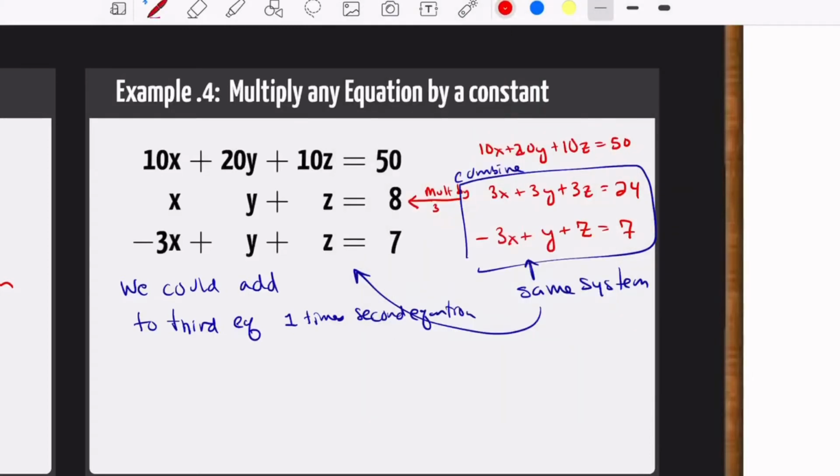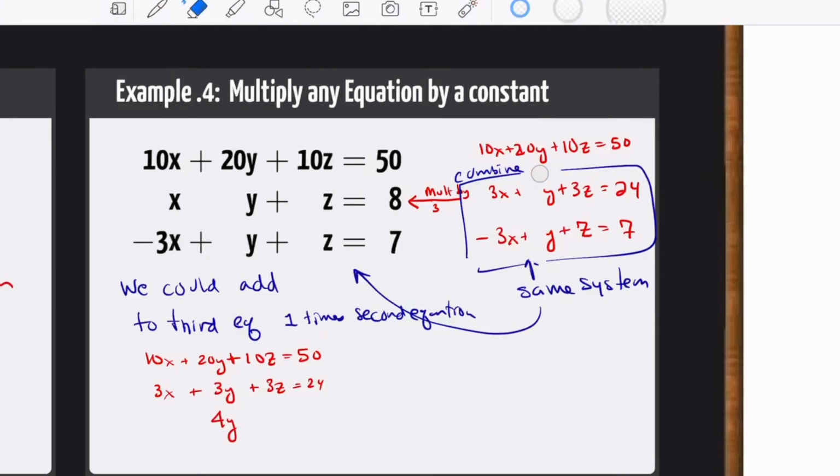That would be 10x plus 20y plus 10z, and that's equal to 50. The next one is not changing, so that would be 3x plus 3y plus 3z, and that's equal to 24. And the last one is going to be 4y. That's what happens when you add the 3y here.